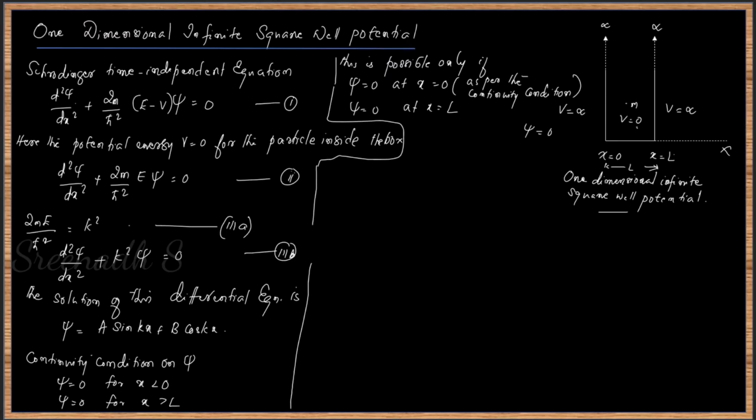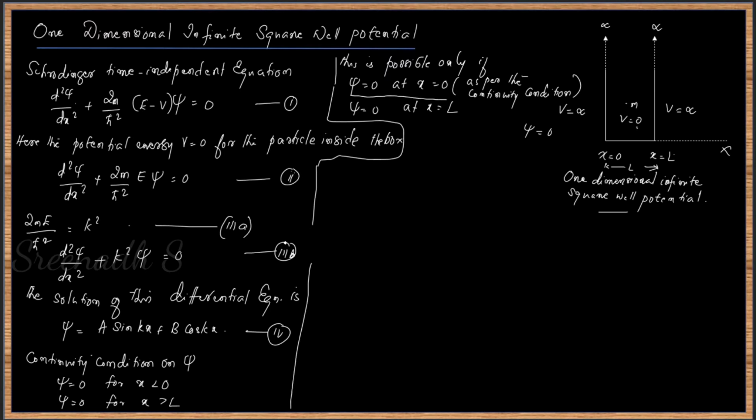We can give this equation number 4. Now we are going to apply the conditions psi is equal to 0 at x equal to 0 and psi is equal to 0 at x equal to L in equation number 4. First we apply psi is equal to 0 at x equal to 0.